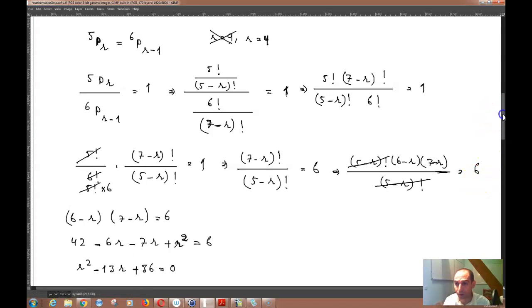Now question number 8 is, how many words with or without meaning can be formed using all the letters of the word EQUATION, using each letter exactly once? Using each letter exactly once. Okay, that means that you're not repeating the letters.